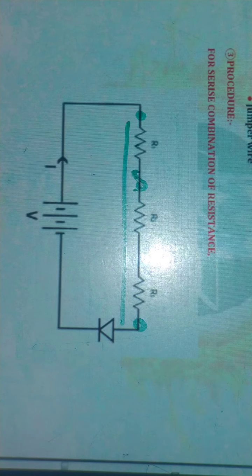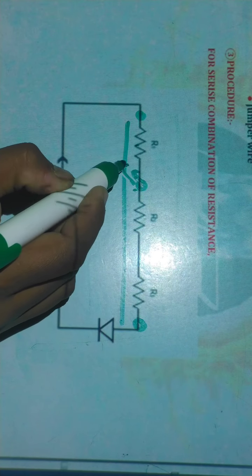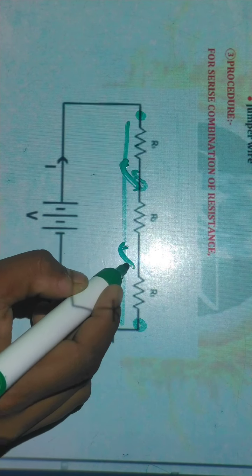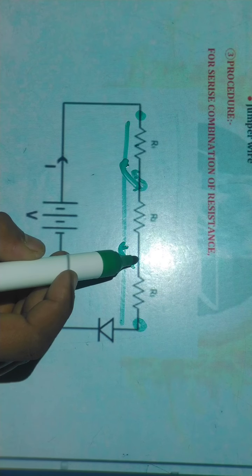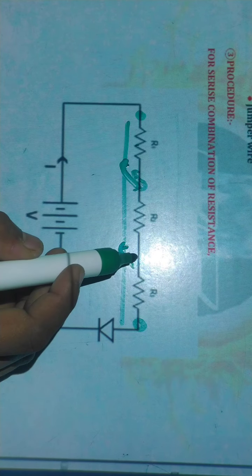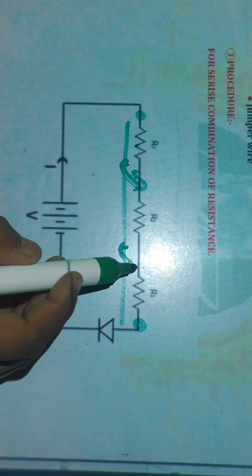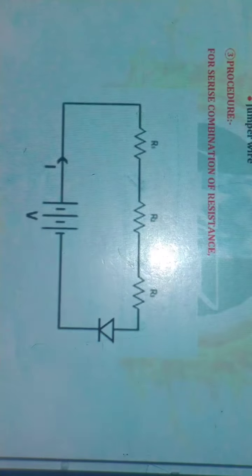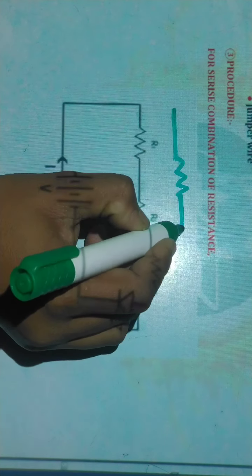In a connection like this, the end of one resistance and the initial point of the next resistance are connected together. Here also, the end point of the second resistance and the initial point of the third resistance are connected together. In this arrangement we use 3 resistances, but we can also use a combination of 2 resistances.